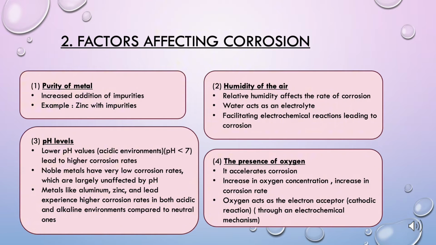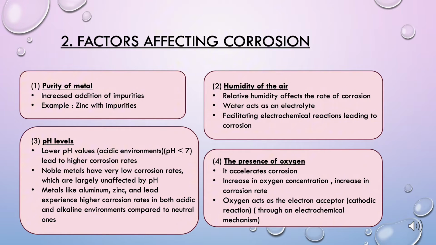Metals like aluminium, zinc, and lead experience higher corrosion rates in both acidic and alkaline environments compared to neutral ones. This is due to the solubility of their oxides in acidic and alkaline conditions.